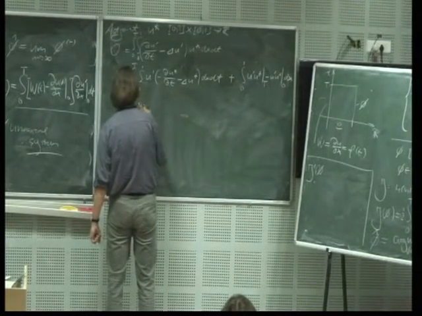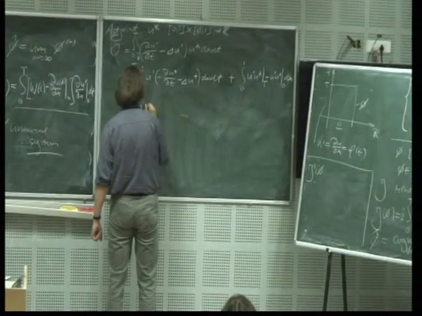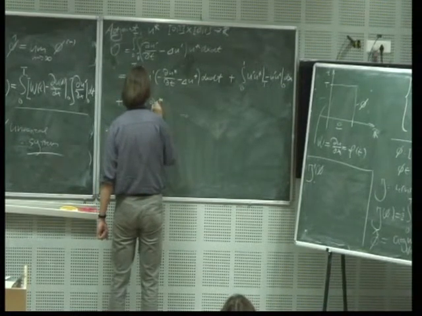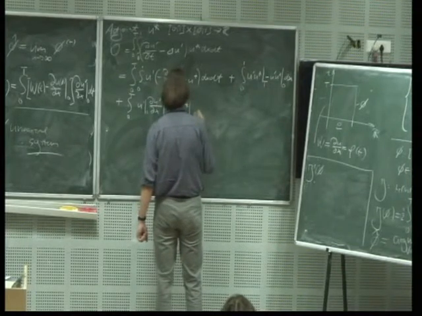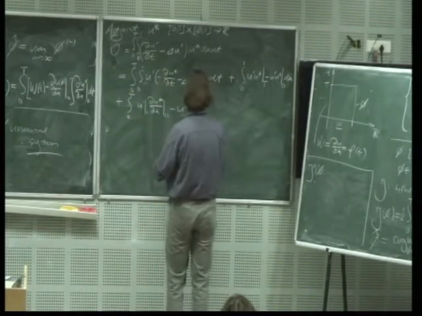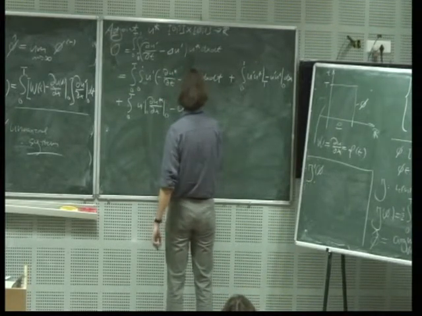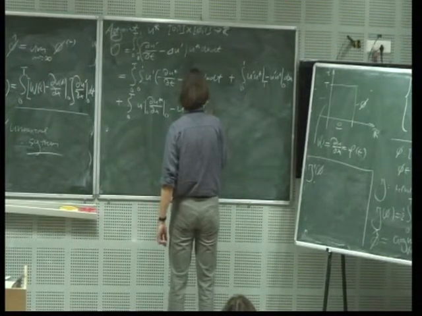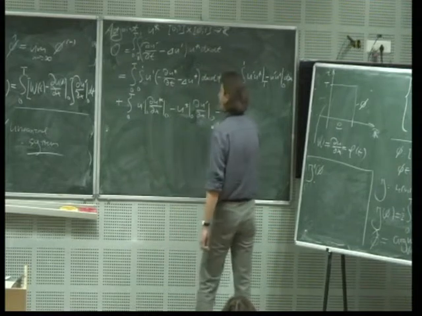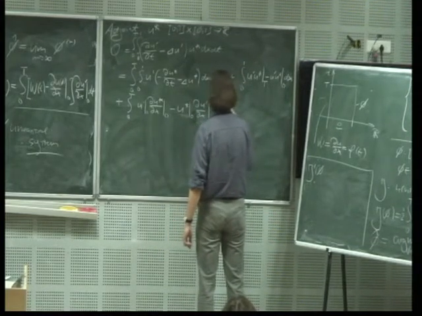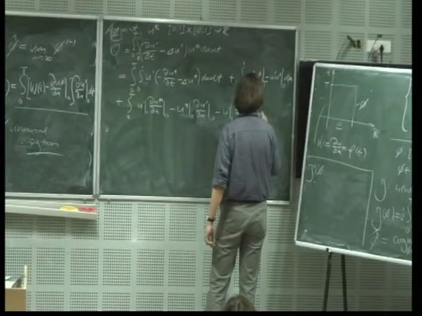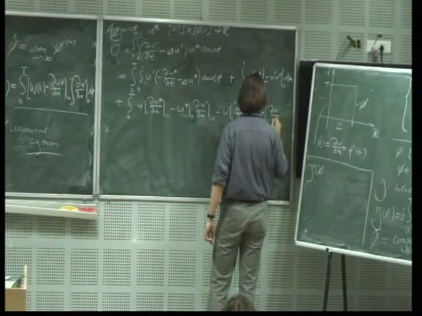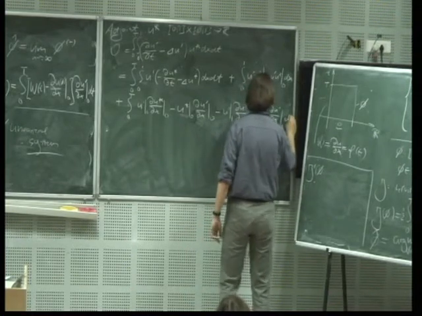So here we have u prime at 0 times partial u star partial x at 0, minus u star at 0 times partial u prime partial x at 0, minus u prime at 1 times partial u star partial x at 1, plus u star at 1 times partial u prime partial x at 1. Okay, I think that's all we need.